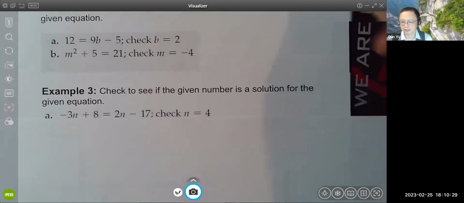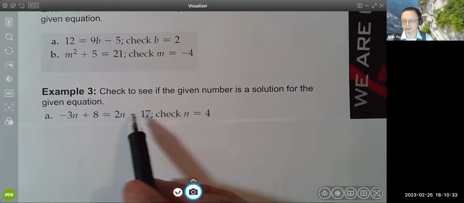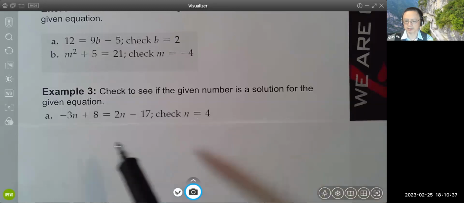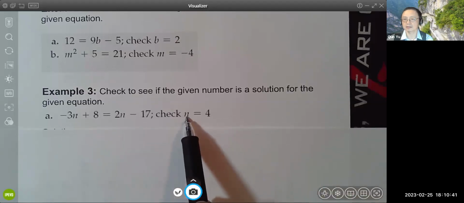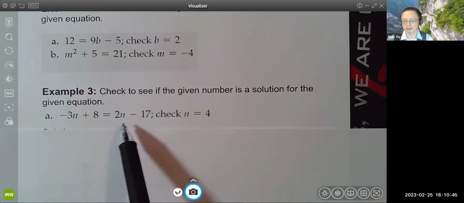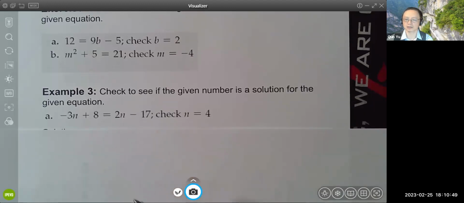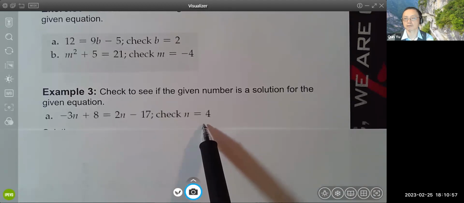Now, let's look at another example. Also, we want to check if the given number is a solution for an equation. So this time we are given this equation, and we are given n equals 4. The only difference is that we have a variable on both sides of the equation. Otherwise, there's no fundamental difference. The way we do it remains the same. We just replace each of these variables with 4.